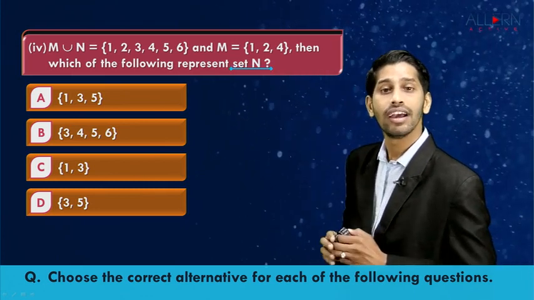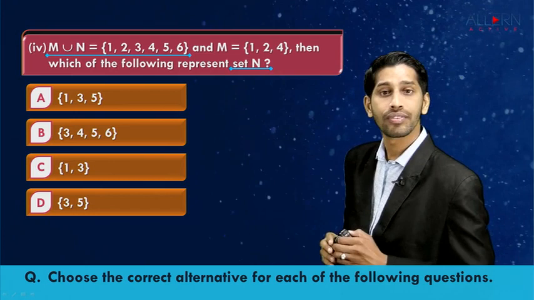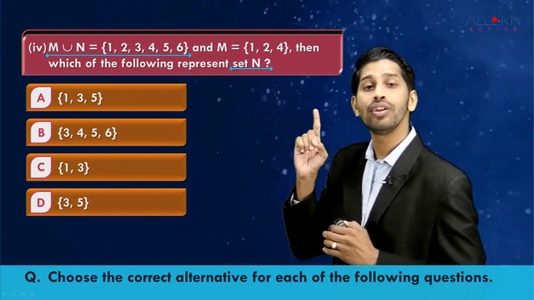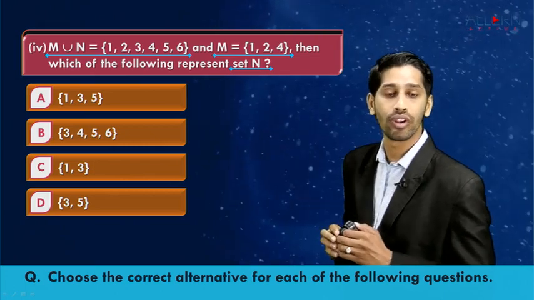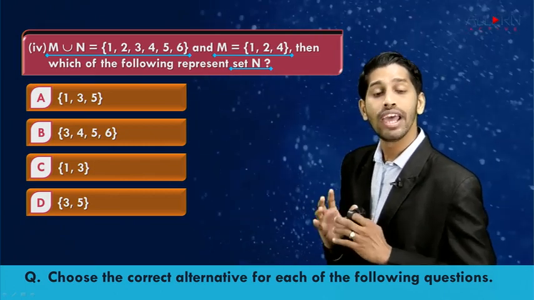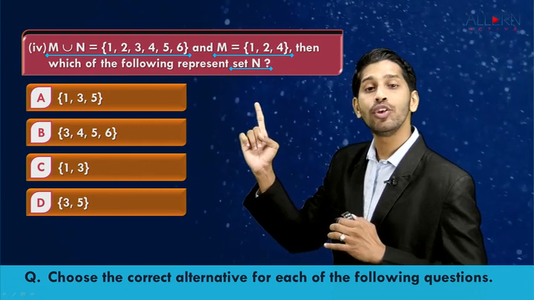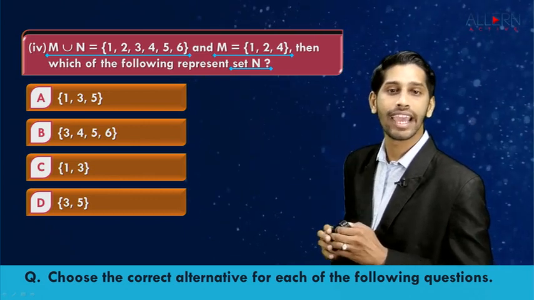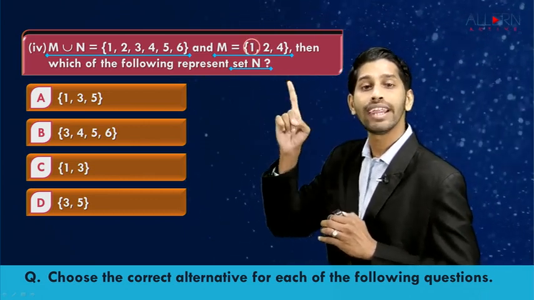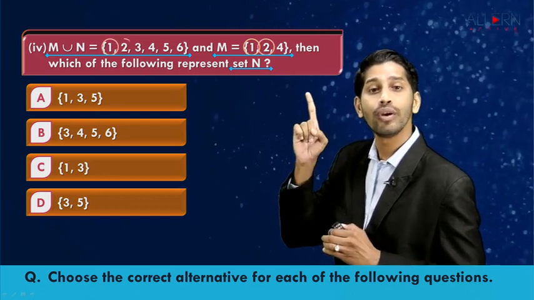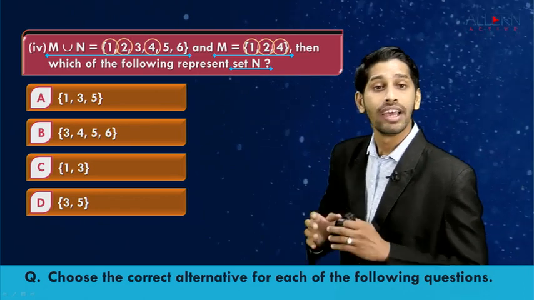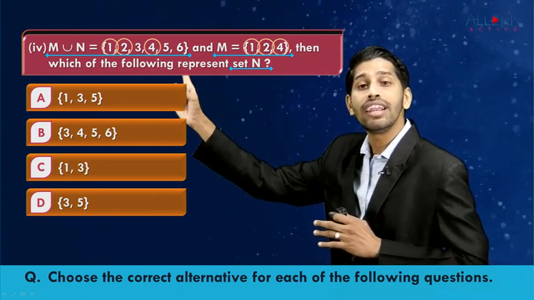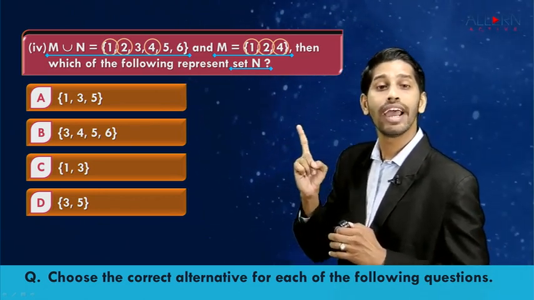It says that we have to find set N in such a manner that M union N is {1, 2, 3, 4, 5, 6} and M is {1, 2, 4}. Now let's see first of all which elements of M union N are present in set M. We can observe that 1 is present in M, 2 is also present in M, and 4 is present in M. That means 3 numbers are left, which are 3, 5, 6.